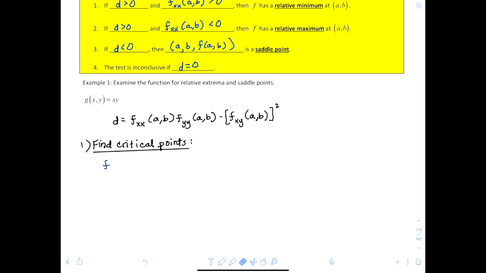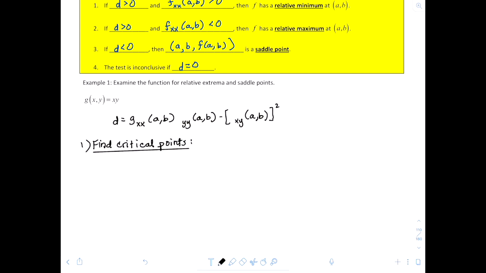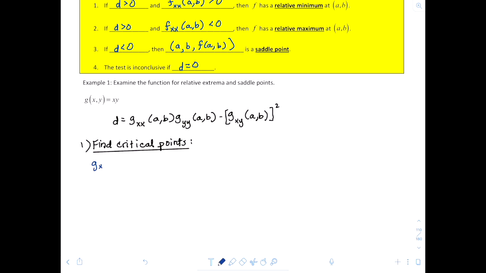And actually we're dealing with G's, so I'll just change our D to match what our function name is. All right, so gx at x and y is equal to, so we treat y as a constant, and so we'll just get y.